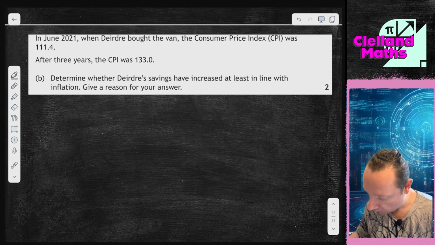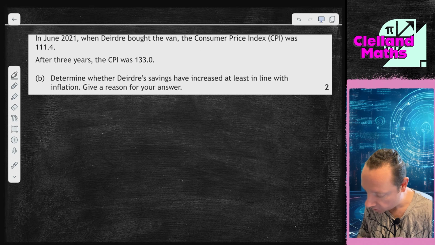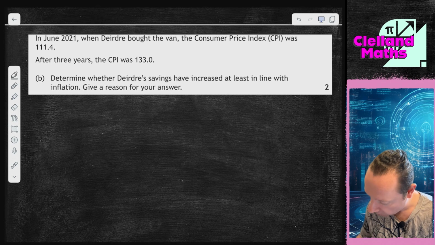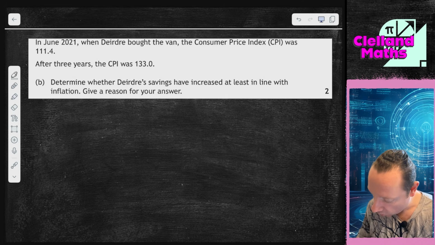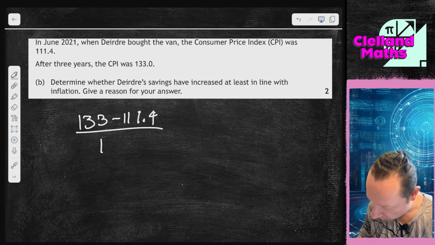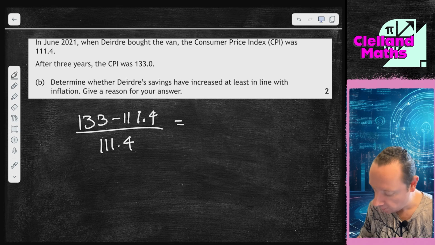It says in June 2021, when Deirdre bought the van, the consumer price index was 111.4. After 3 years, it was 113.0. Determine whether Deirdre's savings has increased in line with inflation. I've got the difference in the inflation divided by the original inflation, tells me what percentage increase we should have.